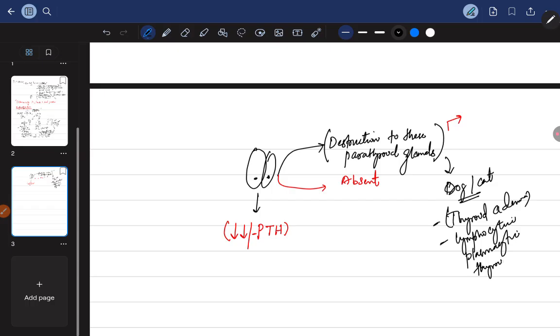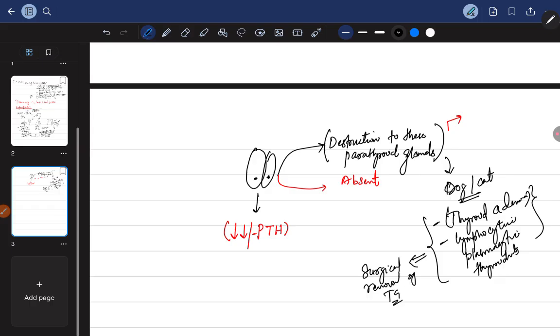In these situations, what is the practice followed? It is to go for the surgical removal of the thyroid gland. Okay, surgical removal of the thyroid gland.